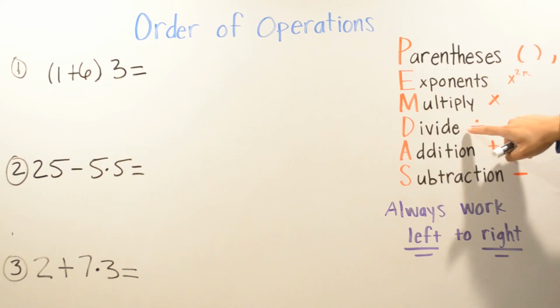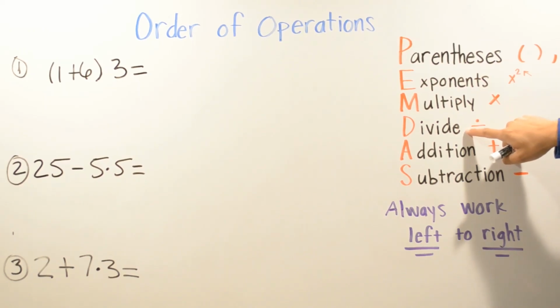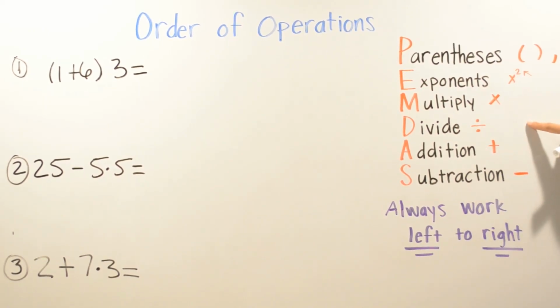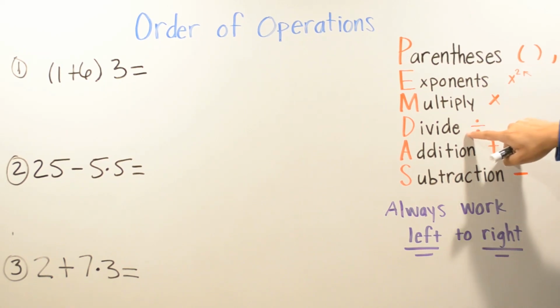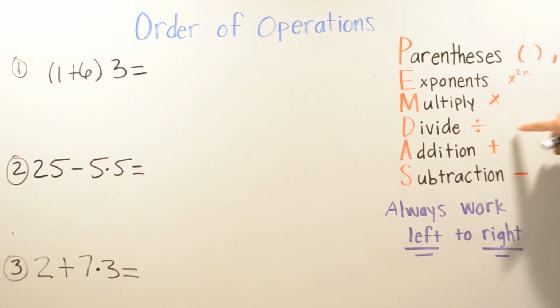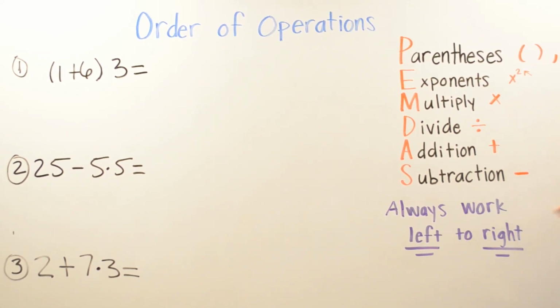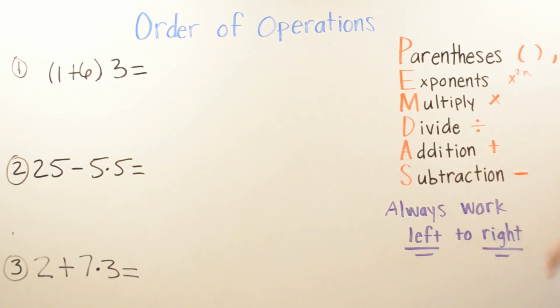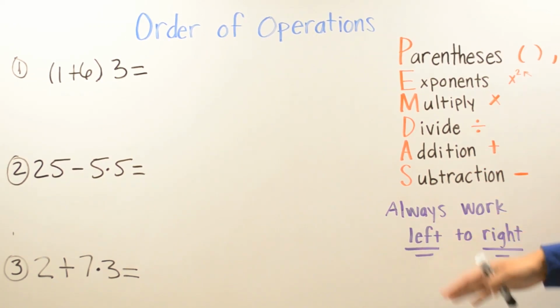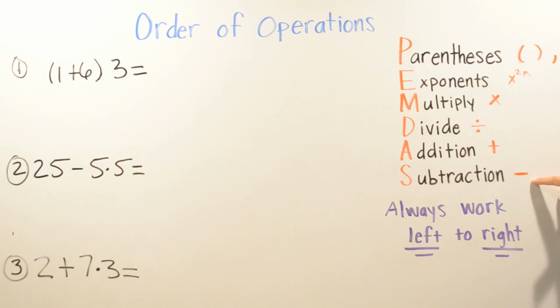So if division comes first, and then multiplication, go ahead and do the divide first, and next multiplication. Same thing for addition and subtraction. Since we're moving from left to right, if your subtraction is first and then it's your addition, go ahead and do your subtraction first and then go ahead and do your addition.